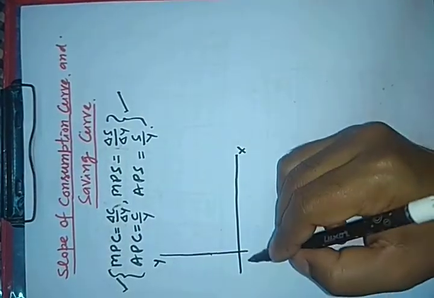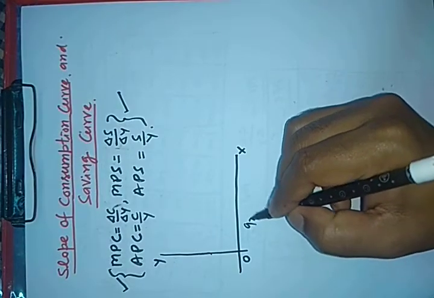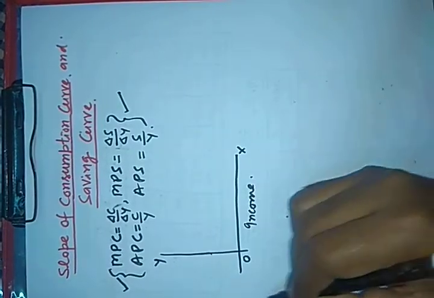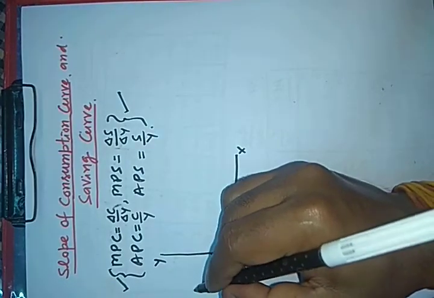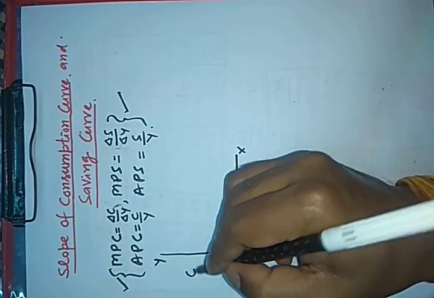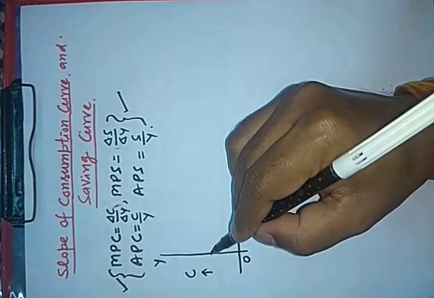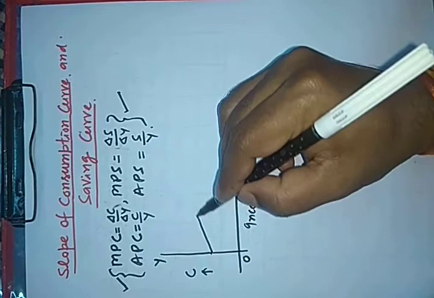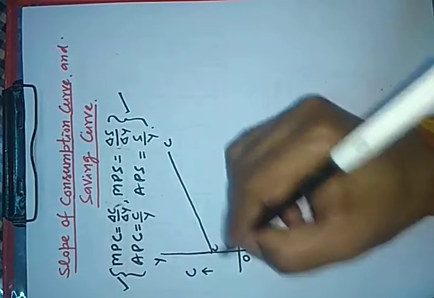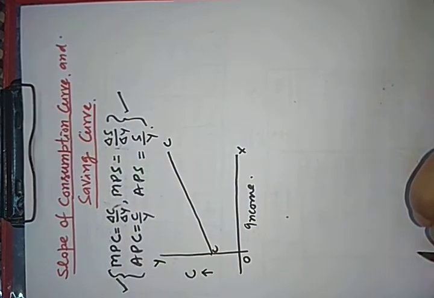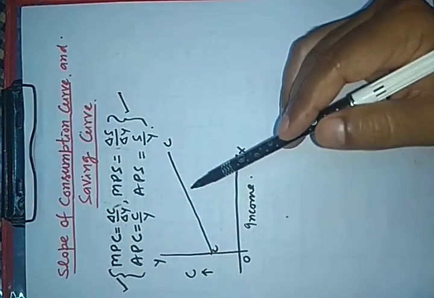On the x-axis we denote the income level, and on the y-axis the consumption expenditure C. This consumption curve is an upward sloping line, denoted as the CC line. This is the consumption curve or the consumption line.